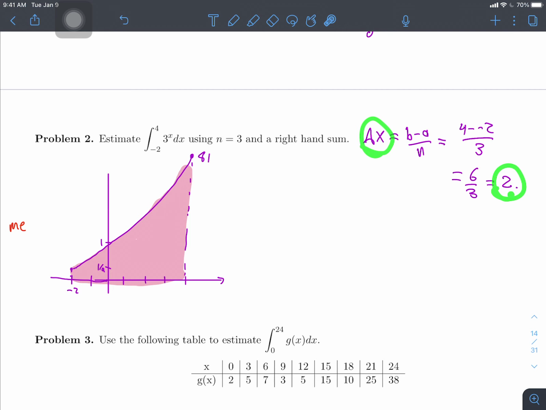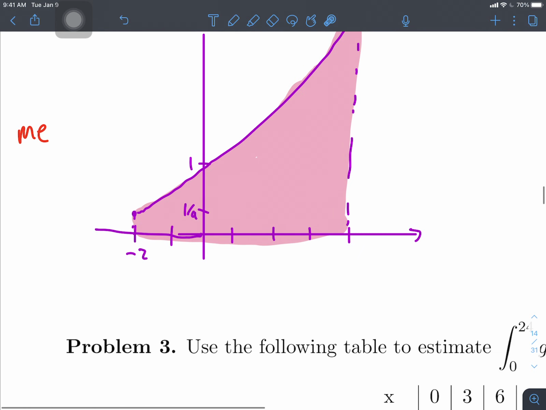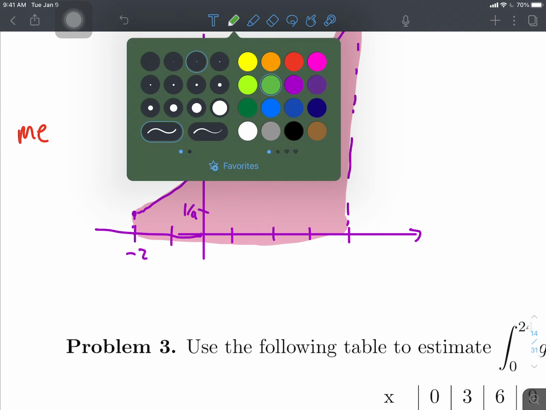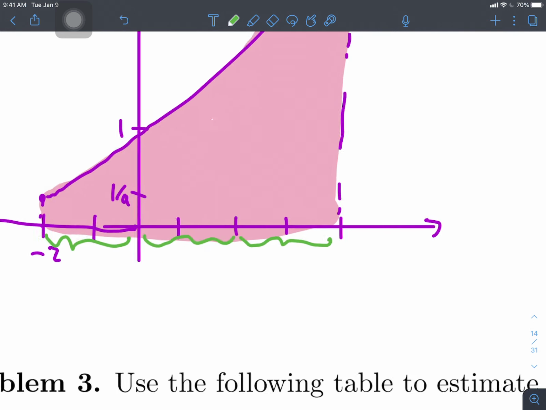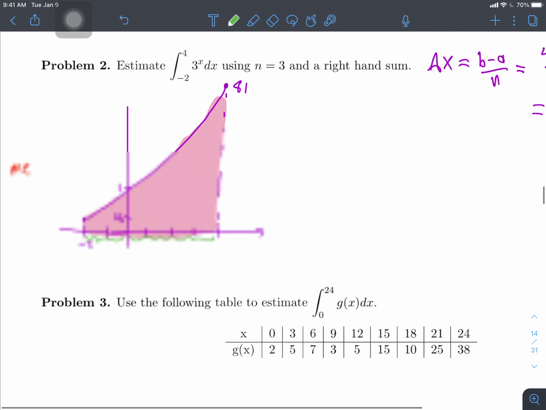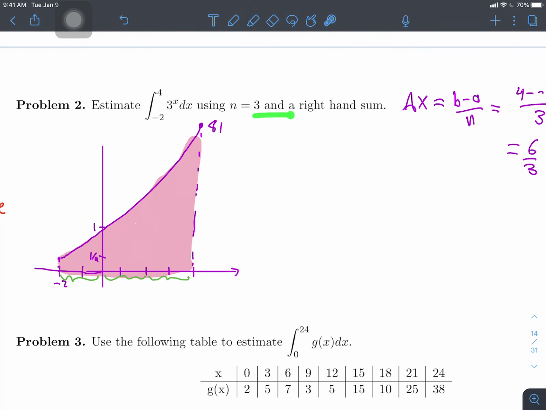And now we need to decide how tall each rectangle is going to be. We know we should have a rectangle which goes from -2 to 0, one from 0 to 2, and one from 2 to 4. But how tall should it be? The height should be the height of the function on the right-hand side of each subinterval.